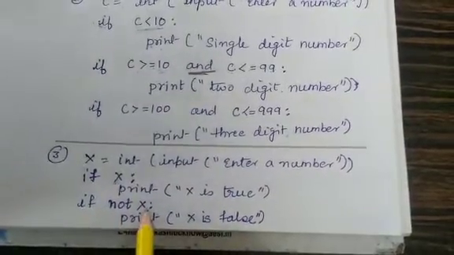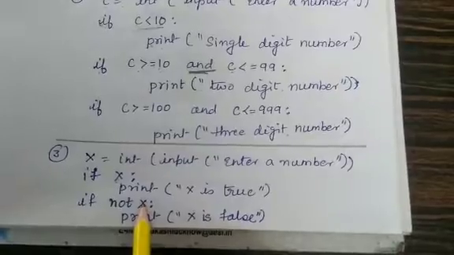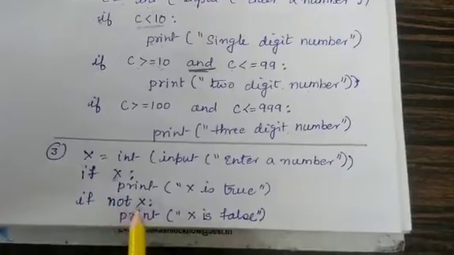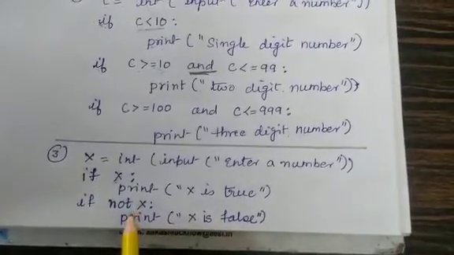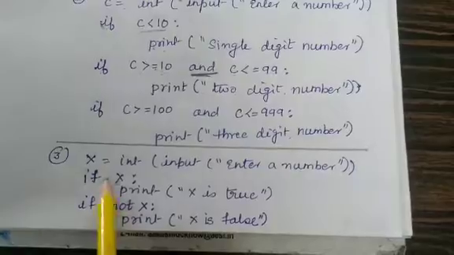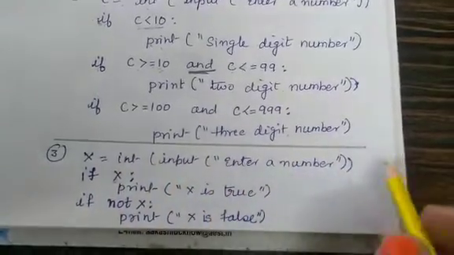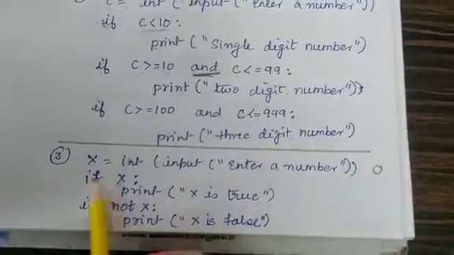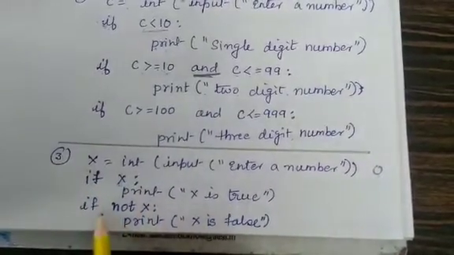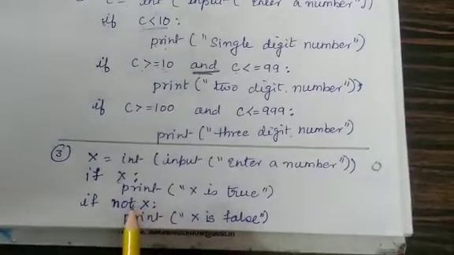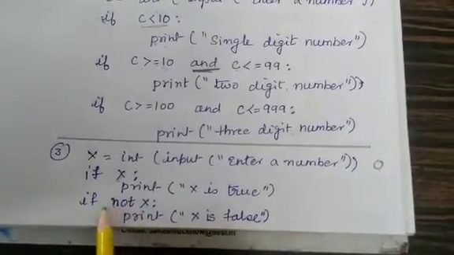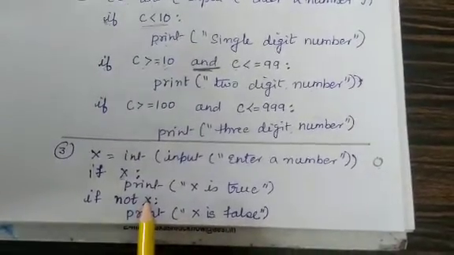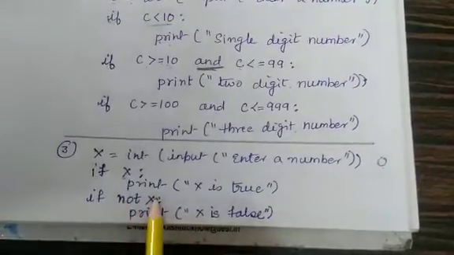If not x is true, if the value of x is zero. Suppose the user entered 0 here. Then 0 means false, so here it will be false. And not true is false and not false is true. So if we have written if not x, and x is false, not false will be true. If x is true, not true will be false.